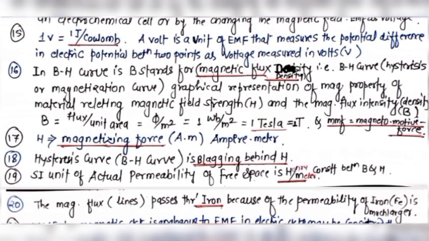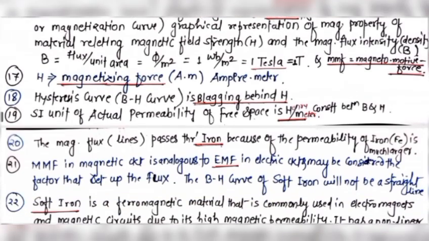B stands for magnetic flux density. That is the BH curve, hysteresis or magnetization curve: a graphical representation of the magnetic property of a material relating magnetic field strength H and the magnetic flux intensity or density, that is B. That is, B is equal to flux per unit area, that is phi per meter square. 1 Weber per meter square is equal to 1 Tesla, and MMF is magnetomotive force.